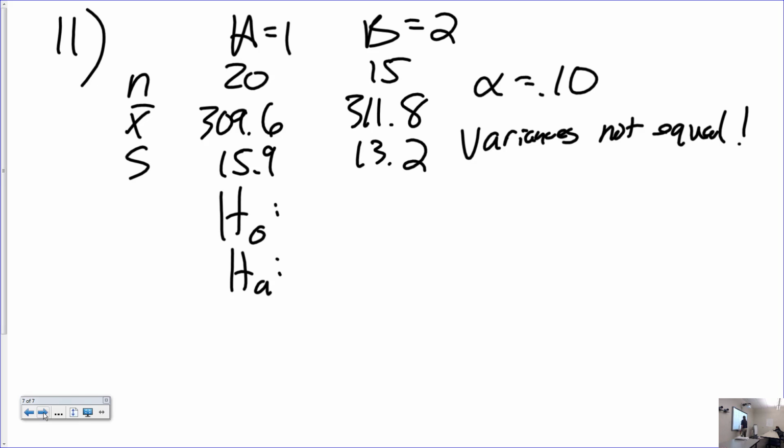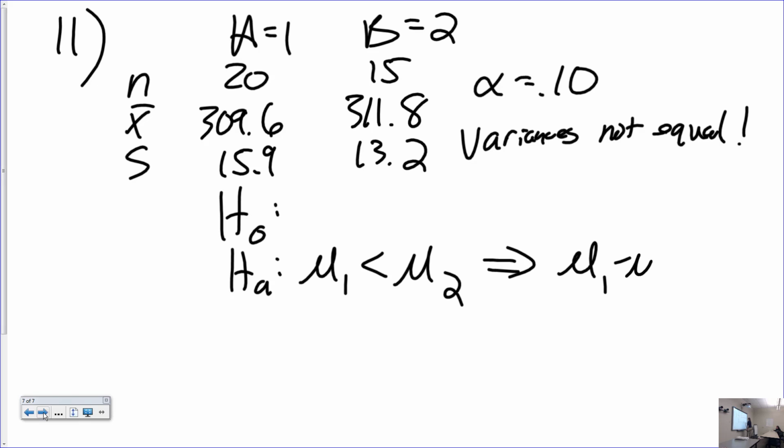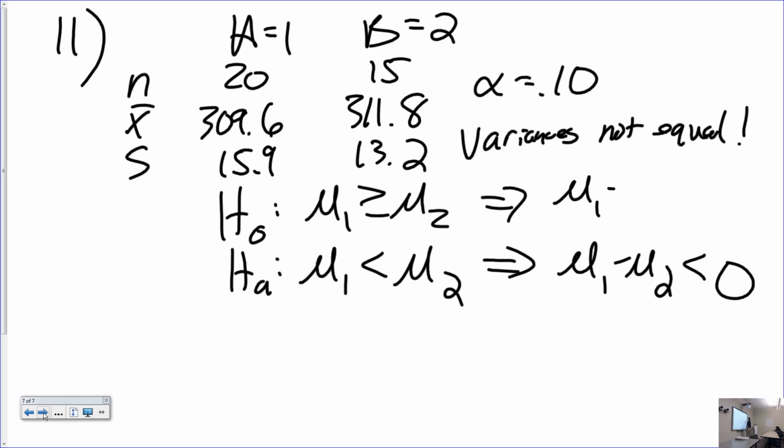We want mu1 less than mu2, right? So I want to do a left-tailed test at least. So mu1 minus mu2 is less than 0. So the opposite is what the H-naught is. So here we're doing a left tail, one tail test.